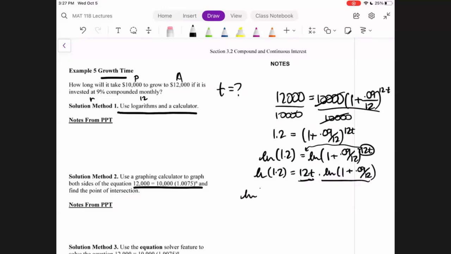So t equals natural log of 1.2 divided by 12, and also divided by natural log of 1 plus 0.09 over 12. And this will give me my particular t. So let's key that in the calculator and see what we get.